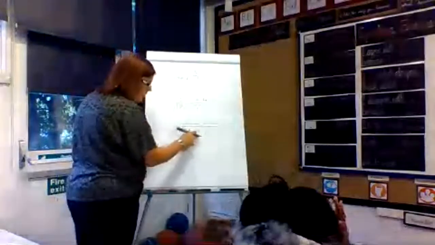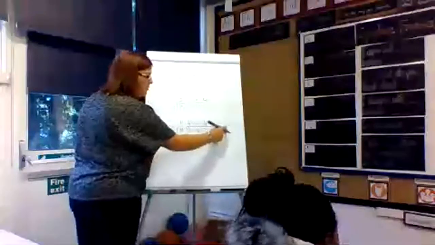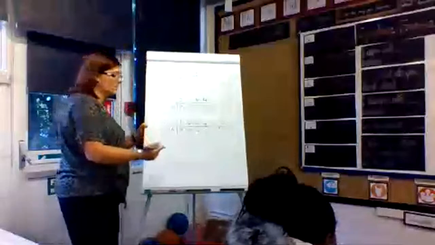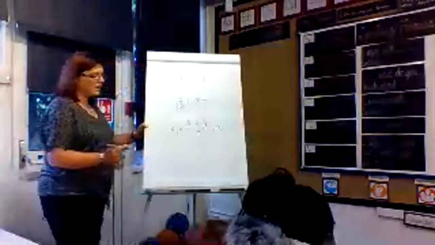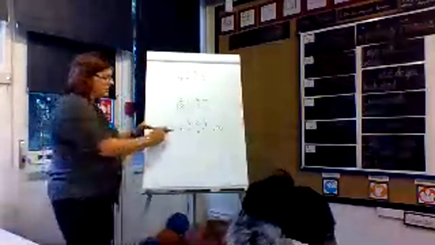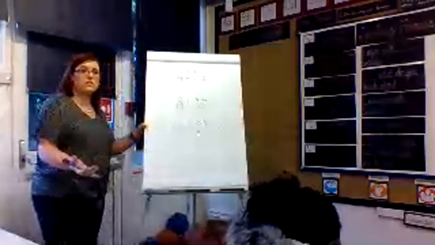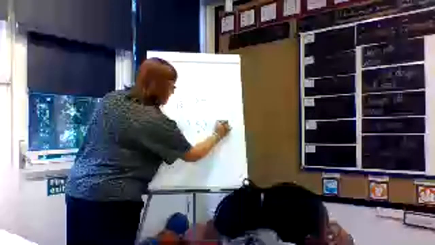But I know that this is a whole number, and if I write a whole number as a decimal, I could put the zeros there. So if I include that 0 just there, I've now got 6 into 30. And 6 into 30 is 5. So that gives me a 0.5.